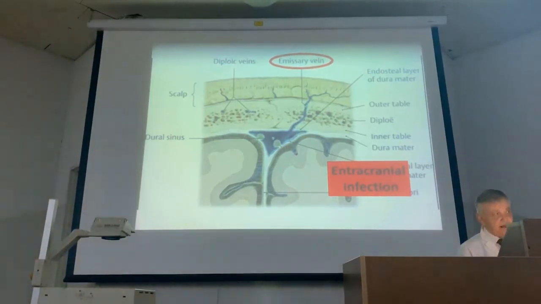They connect veins in the connective tissue layer, go through the bones, and end up in dural venous sinuses. This is a route for spread of infection. So an infected scalp wound can lead to intracranial infection of dural venous sinuses. That's why wounds of the scalp are dangerous.